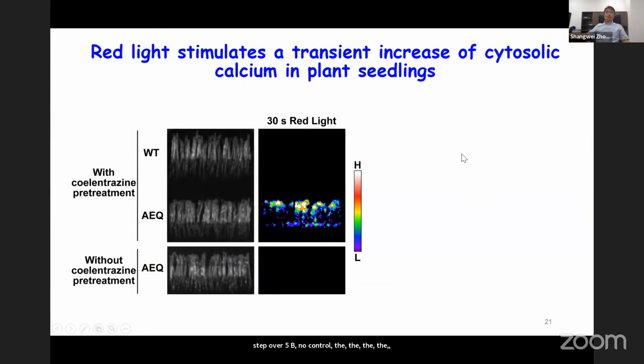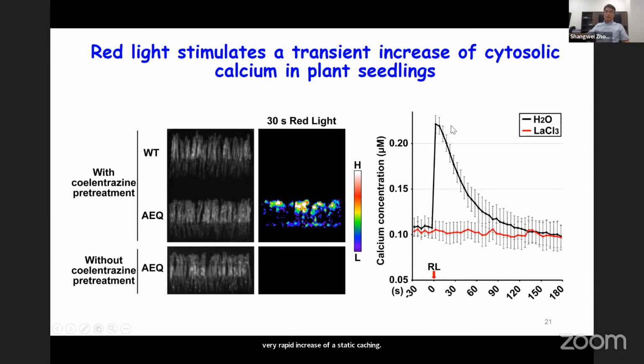So in our studies, we found that when exposing the dark grown seedlings to red light, the red light will stimulate a very rapid increase of cytosolic calcium in the seedlings in less than 1 minute. And this cytosolic calcium increase will return to the basal level also very fast, in 1 minute. So red light exposure can induce a calcium signal in etiolated seedlings.